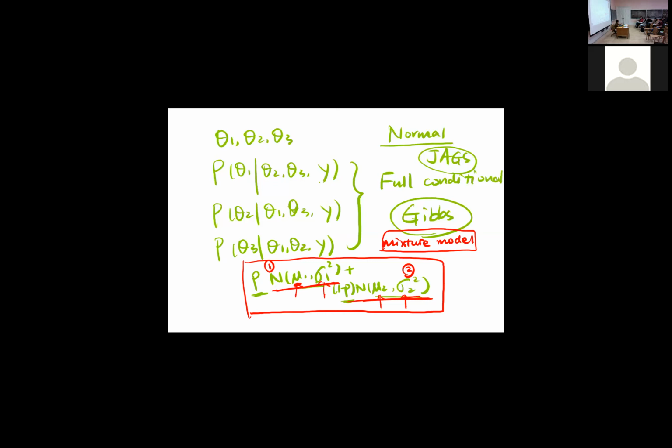Because the first normal is coming from its own full conditional and the second normal comes from its own full conditional, every iteration you maybe have two distinct normals anyway, and you keep having the first one with the higher mean and the second one with the lower mean, but sometimes things might switch. You never know, right? This is only two mixture components. If you have more, it's going to be even worse.